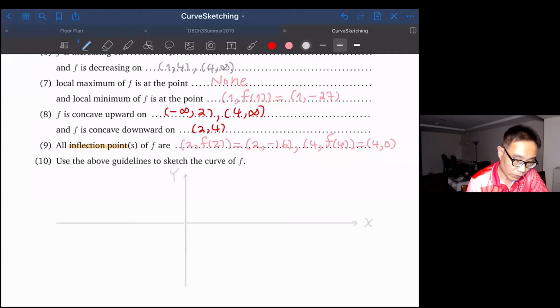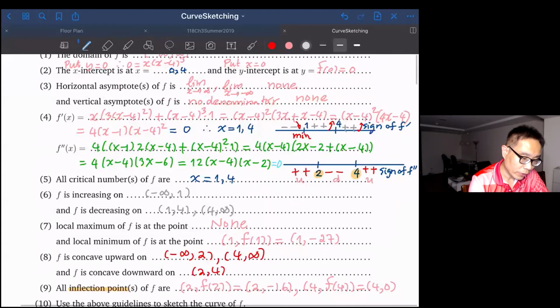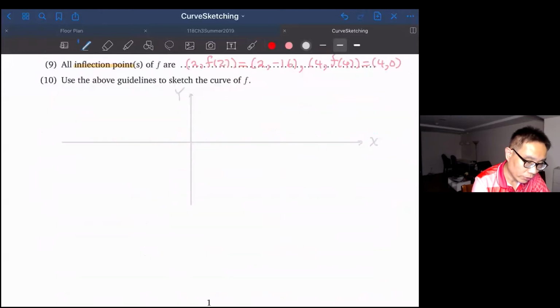You're going to plot the x-intercept and y-intercept. So the first thing will be the x-intercept and y-intercept. You're going to have (0, 0), and it's going to be (4, 0). So you need 4, right? So it's going to be 1, 2, 3, 4. In this case, it's going to be (4, 0).